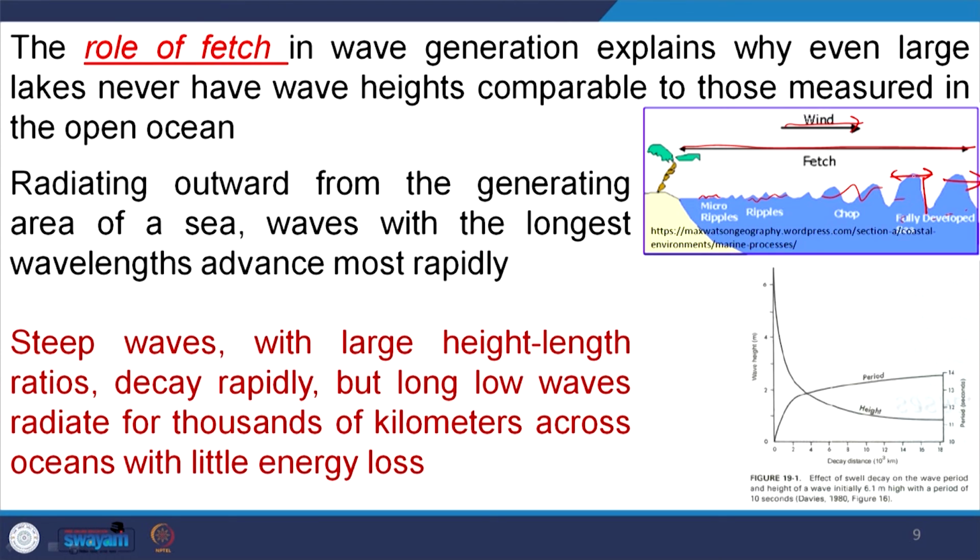Steep waves with a large height-length ratio decay rapidly, but the long waves radiate for thousands of kilometers across the ocean with little energy loss. It is very important to understand that those long wavelengths travel fast and can travel hemispheric distances.